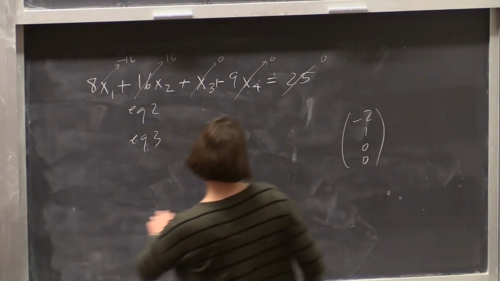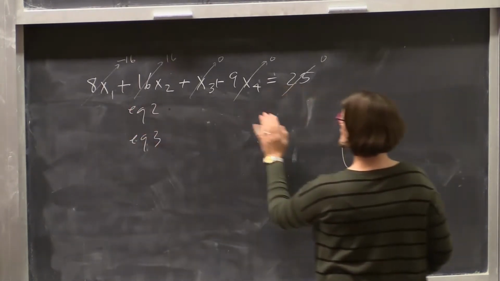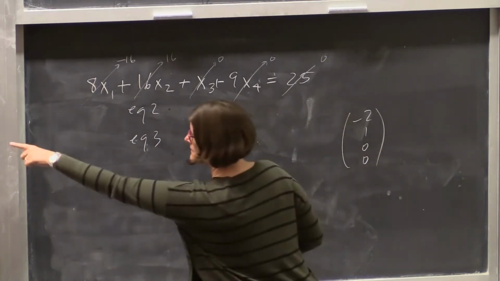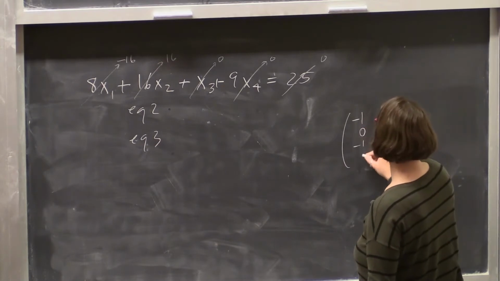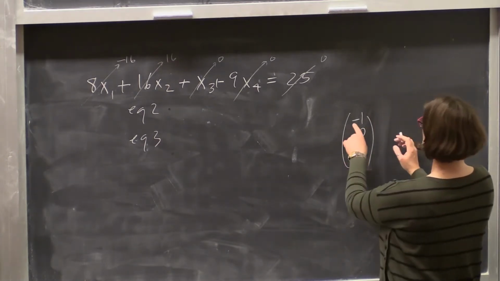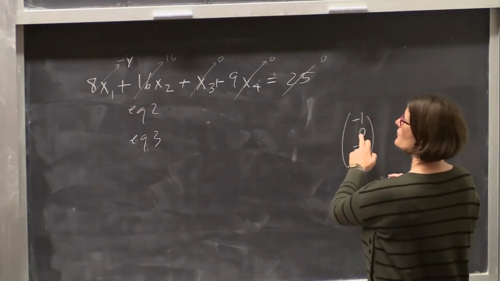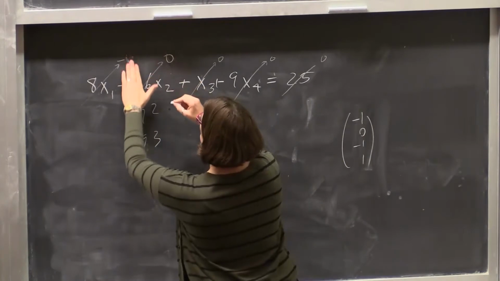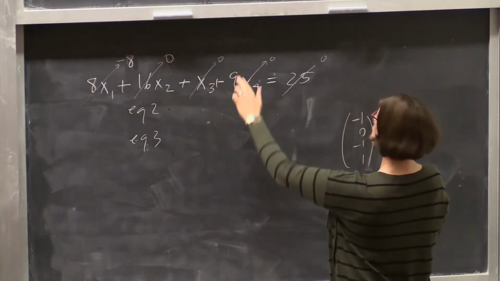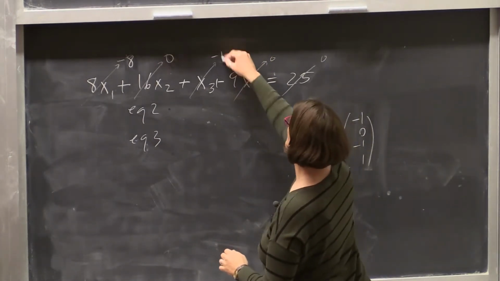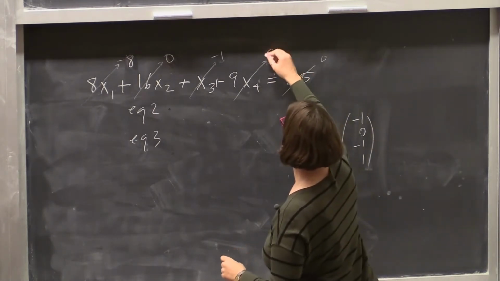If I plugged this into equations 2 and 3, I would find that miraculously the left-hand side equaled 0. If I take this one, (-1, 0, -1, 1), and I plug it in, I'm going to get -8, then 0, then -1, and then 9.